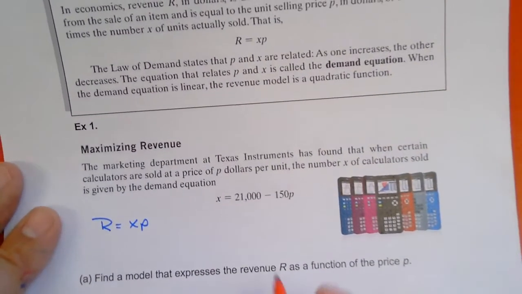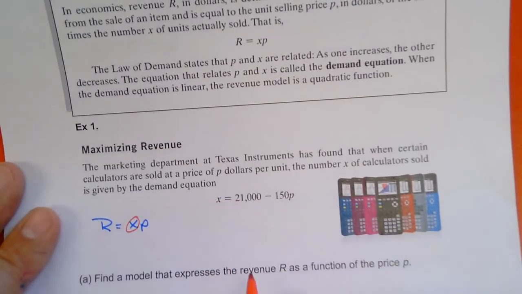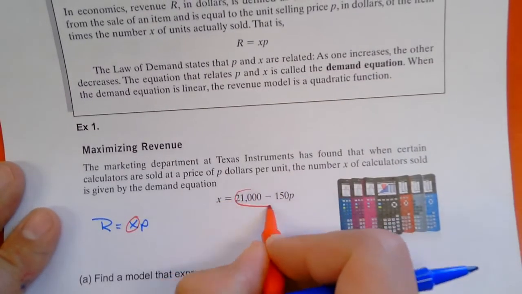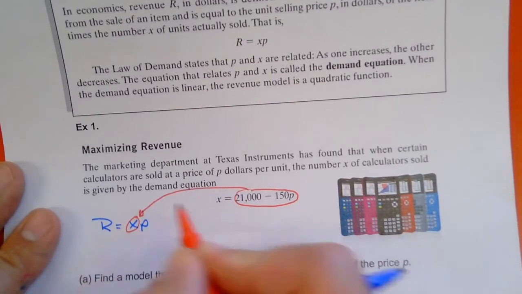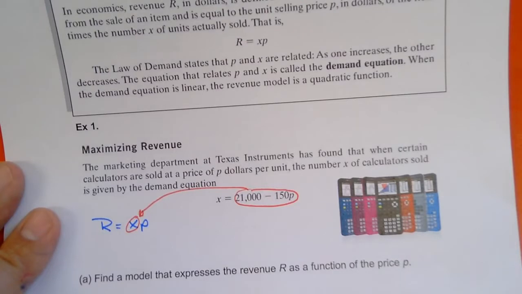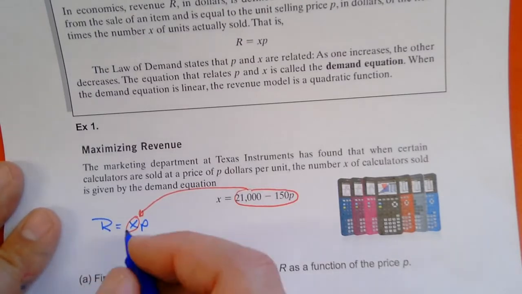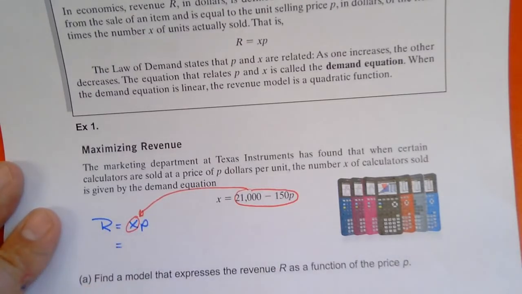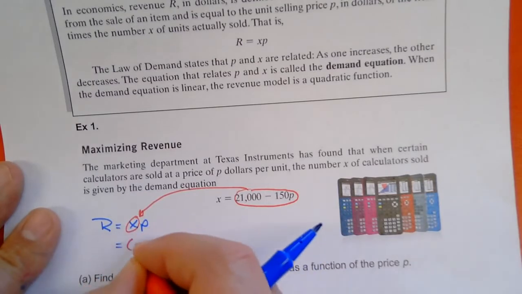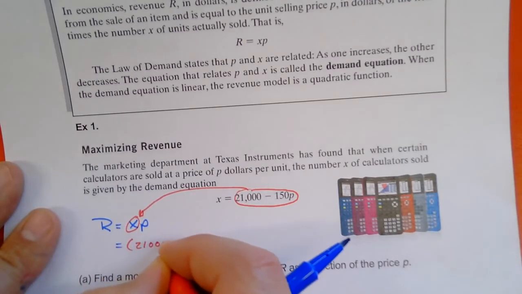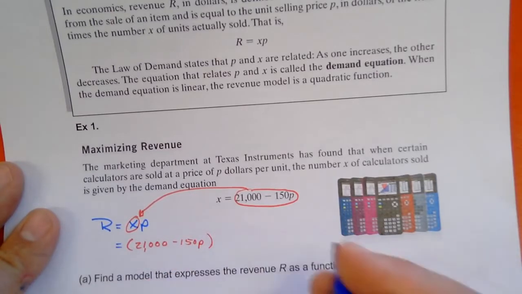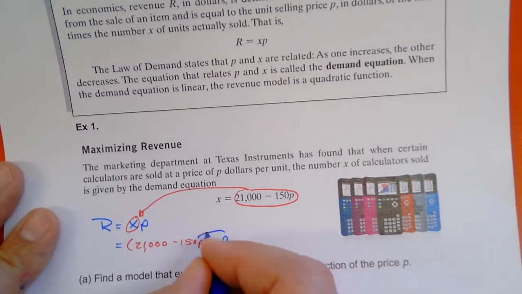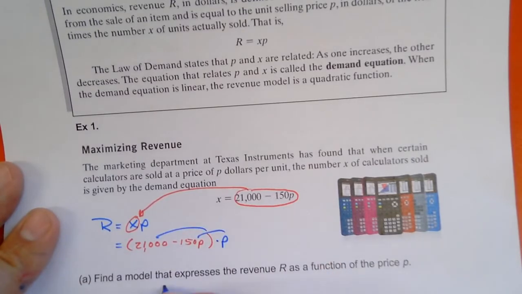So again, the idea is we want to get this X out of here. The good thing is they gave us what X was right there. We can plug that in. Okay, so if I'm trying to answer part A, I'm going to plug in that 21,000 minus 150P, and then multiply that by P. And if I want that simplified, I'm going to go ahead and distribute.